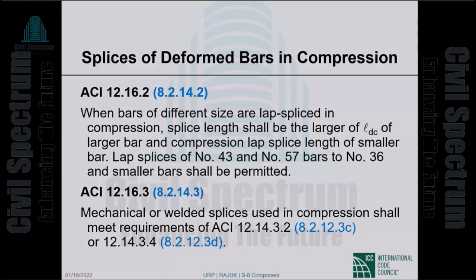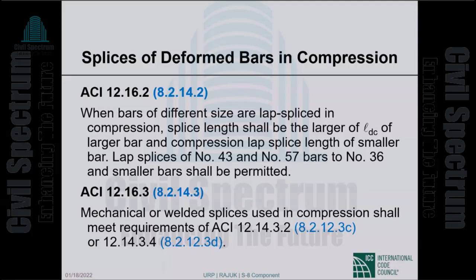Lap splices of number 43 and number 57 bars to number 36 and smaller bars shall be permitted. See, this is where lap splices of the number 43 and number 57 to smaller bars are permitted.